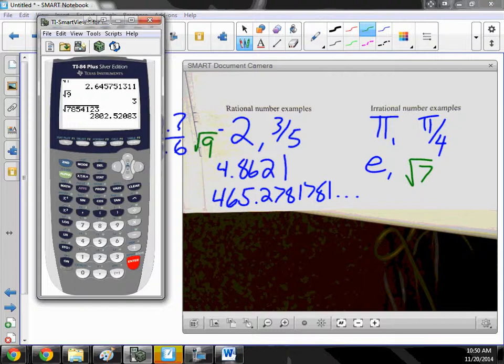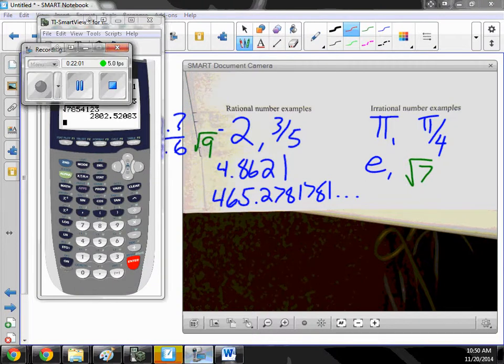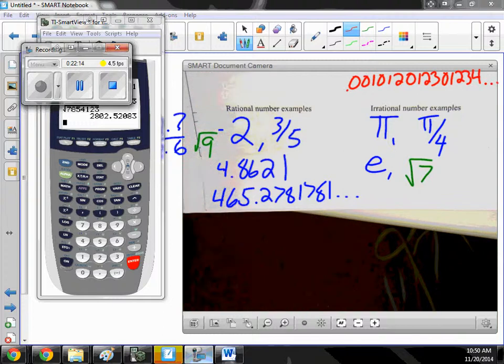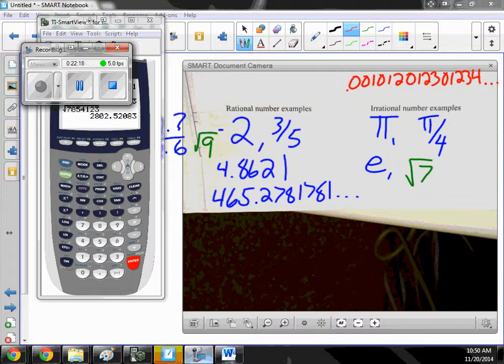Hang on a second. Let me show you another really strange irrational number. So let's do 0.001, 0.12, 0.123, 0.1234. Rational or irrational? But there's a pattern.